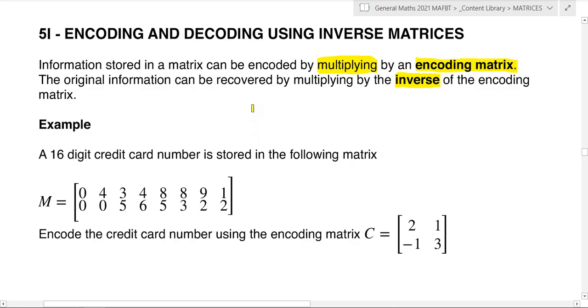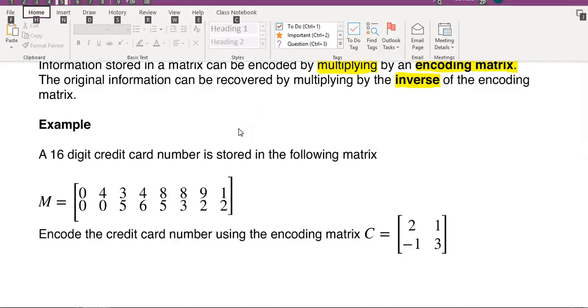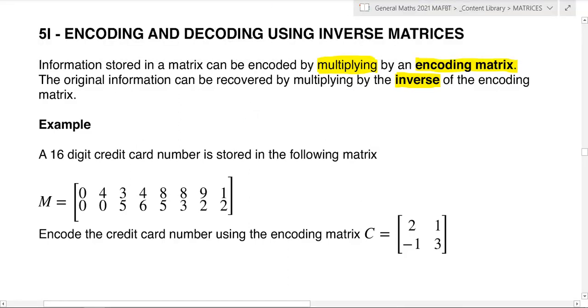Now, I mentioned before that some of you may have come across this idea of encoding and decoding a matrix. You'll find that in a lot of cybersecurity, or even in people who want to send secret messages to each other, or I would assume even when you send a message via Instagram or any messaging app like WhatsApp or Facebook Messenger, they actually use this encoding and decoding matrices.